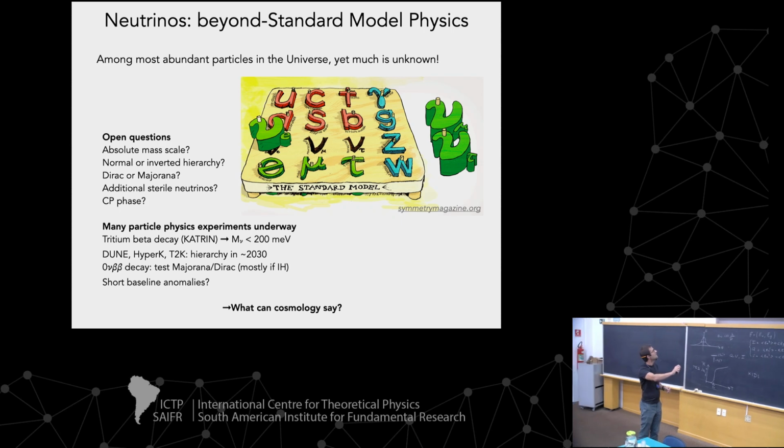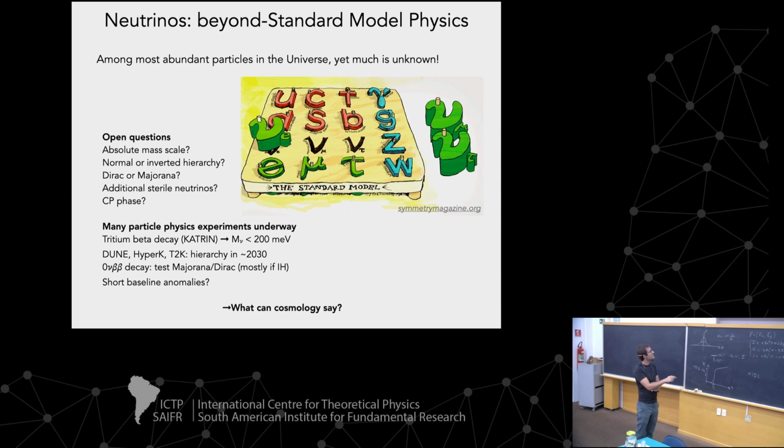One is, what is their absolute mass scale? We know something about their mass differences, or the difference of their squared masses, from neutrino oscillation, but we don't know what the overall mass of neutrinos is. We do not know whether they're their own antiparticle or not, and there are other questions in particle physics about neutrinos.